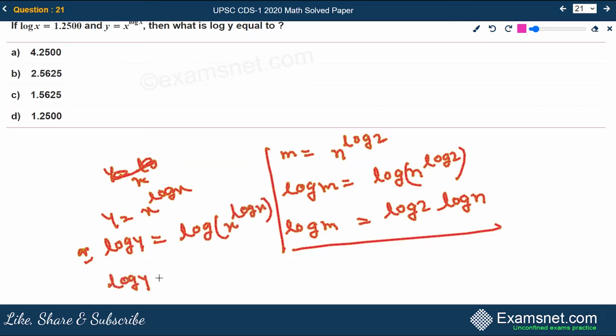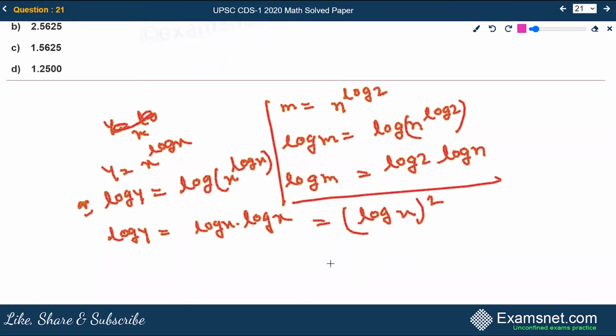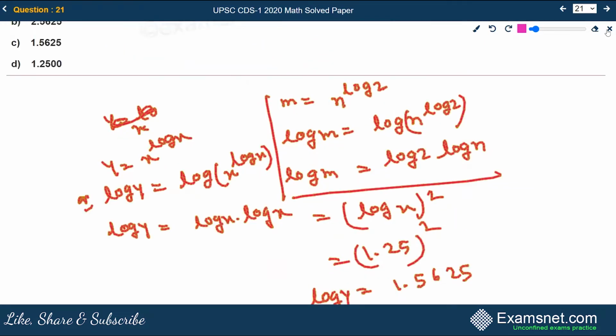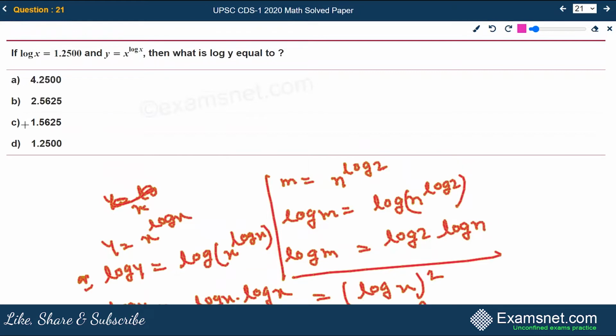So log y becomes log x multiplied by log x. We can write log x whole square. We know the value of log x, that is 1.25 whole square. That would result in 1.5625. So the value of log y equals 1.5625. Here option C is the correct answer.